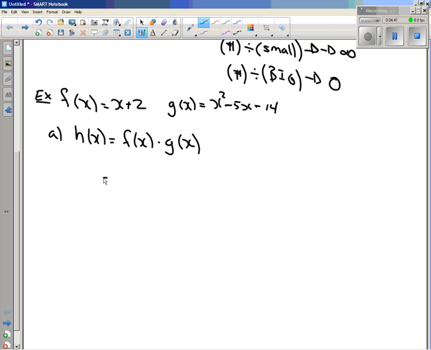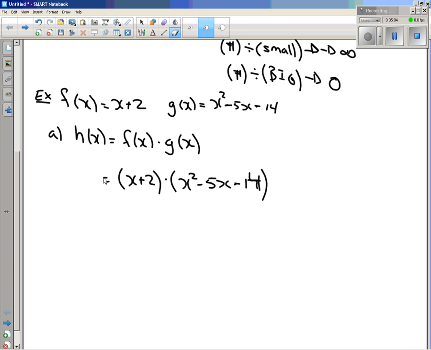Well, let's look at this and say, all right, well, we know that f is x plus 2 times g, which is x squared minus 5x minus 14. Okay. We could multiply this out. So there's two things we could do.